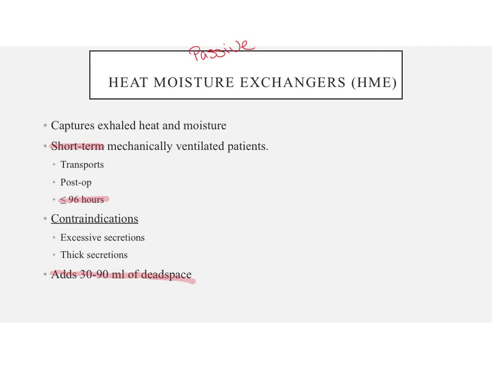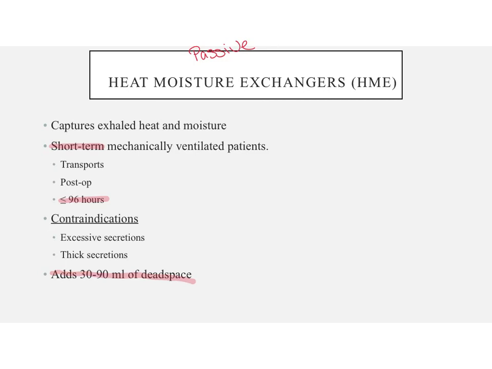Plus, on top of that, they are using an uncuffed endotracheal tube, and that is going to allow air to bypass the HME. So not only are we adding dead space, but it's also going to bypass that HME as well. So it's not going to work. So it is contraindicated for infants or smaller tidal volumes and uncuffed ET tubes as well.